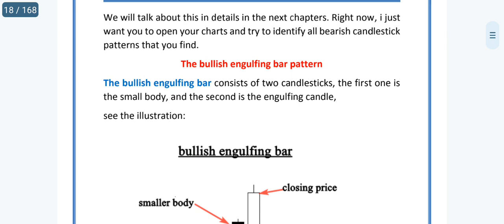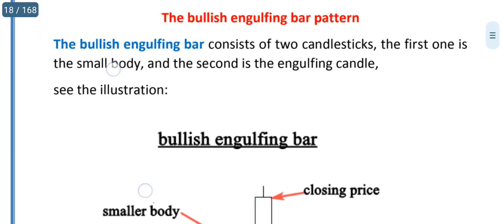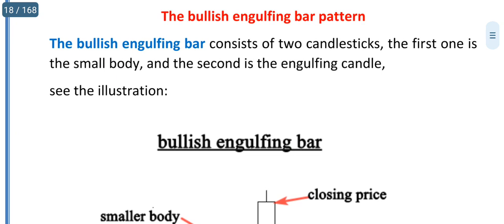Let us go to the second candlestick pattern, and it is called the bullish amplifying bar candlestick pattern. The bullish amplifying bar consists of two candlesticks.